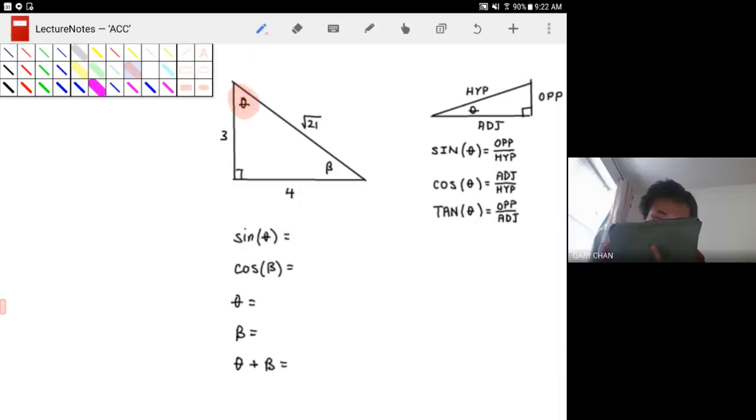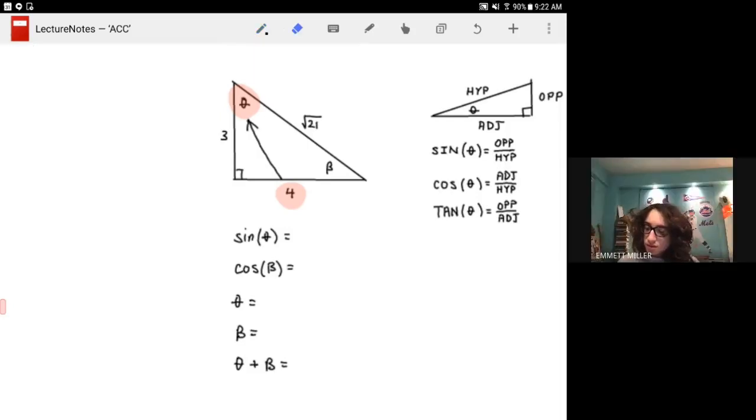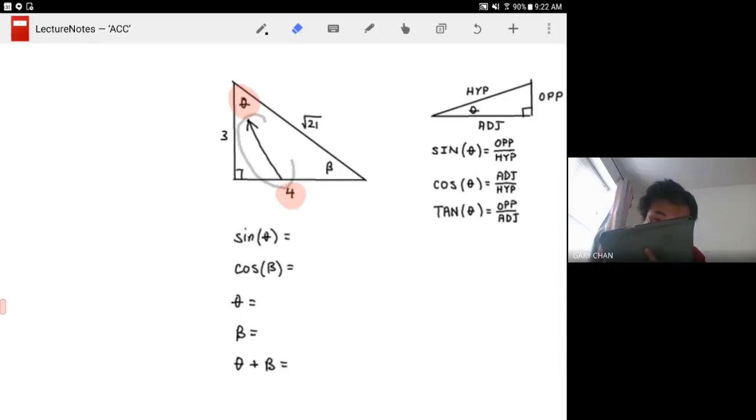Which side is facing angle theta? 3. It actually is 4 here. What it means to face something is that you're looking directly at it. Like I said last time, I've had a lot of difficulty with language, and this was one of the things I struggled with. So 4 here is going to be the side opposite.